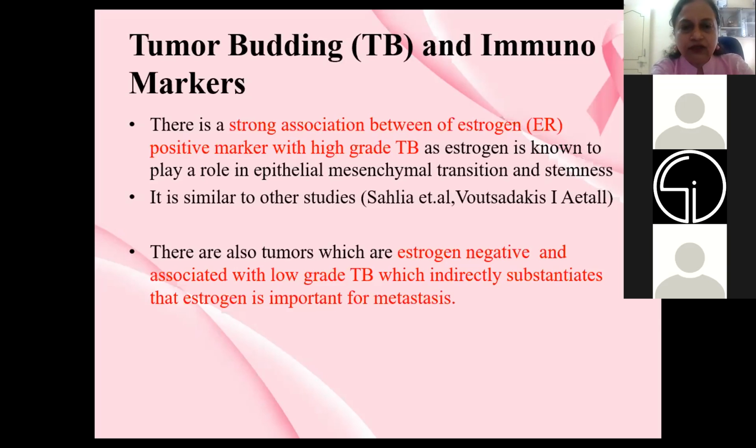This is similar to other studies as presented by Sally and Cadis. There are also tumors which we saw were estrogen negative and associated with low-grade tumor budding, which indirectly substantiates that estrogen is an important factor for metastasis.